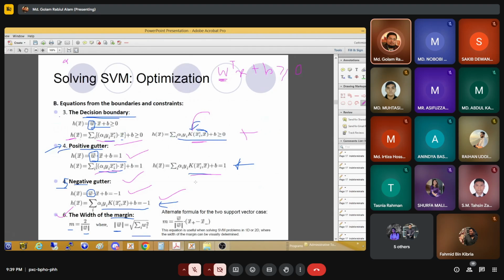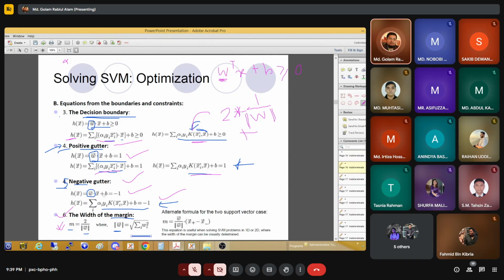The margin is twice of 1 by W, so the margin is 2d1. Here d1 is 1 by W, where the W is the square root of the summation of this. That is the Euclidean norm. The W is alpha i, yi, and xi. So we can determine the width of the margin utilizing this equation.